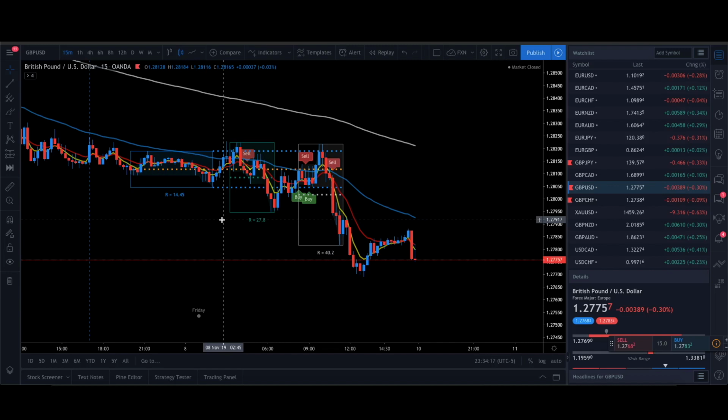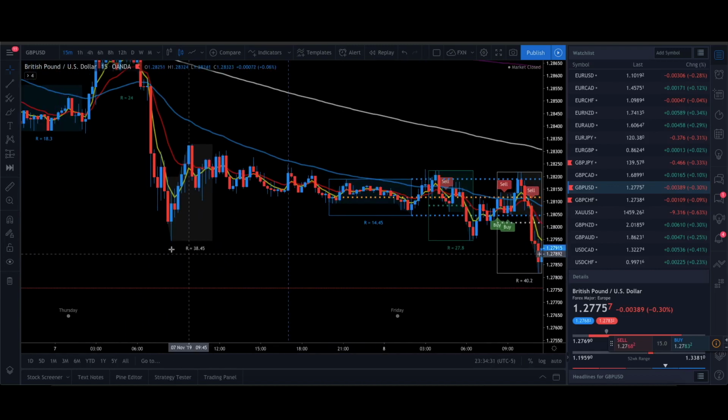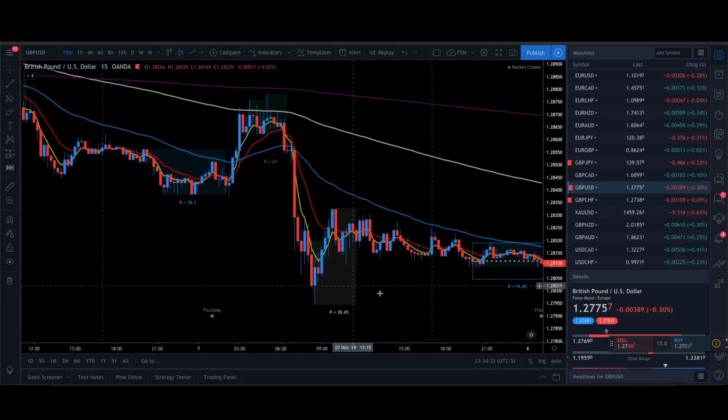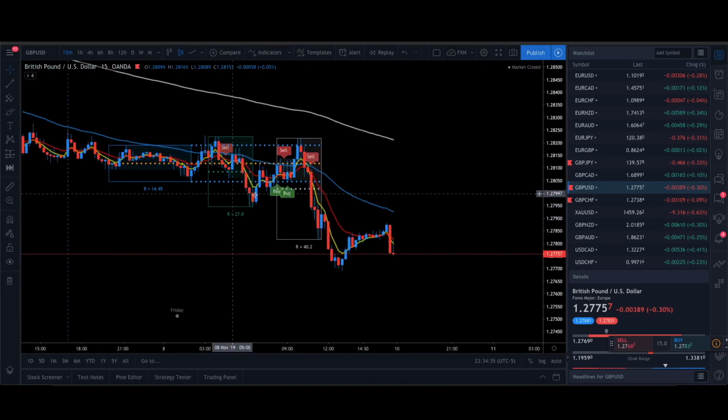I want to make that really clear: the only purpose for this specific indicator is to let you know when the 5 and 13 EMAs have crossed each other. That is it. That is why you're going to get multiple crosses, like you see here multiple times. It's just indicating that the 5 and 13 have crossed each other.